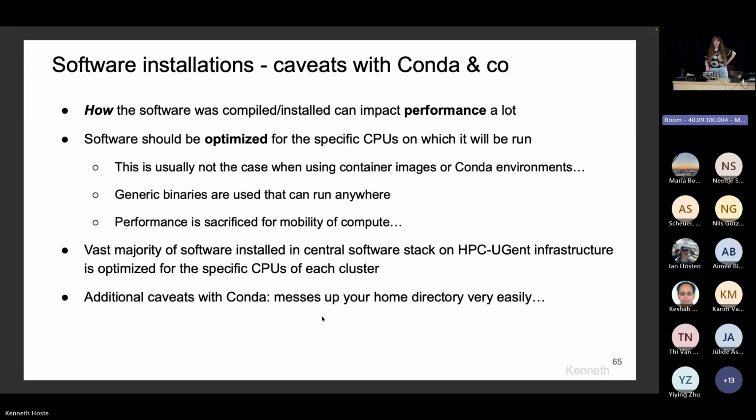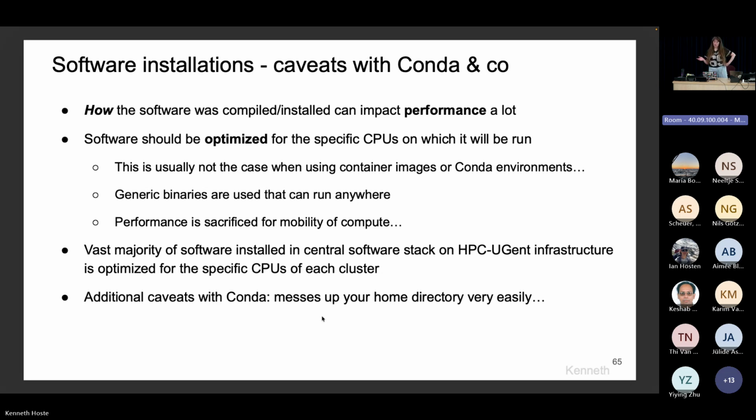You're using generic builds, because Conda is made so that it can work anywhere and everywhere. So it's going to be slower than when you're using an optimized build. The vast majority of the software that is centrally installed is optimized for the specific CPU clusters.